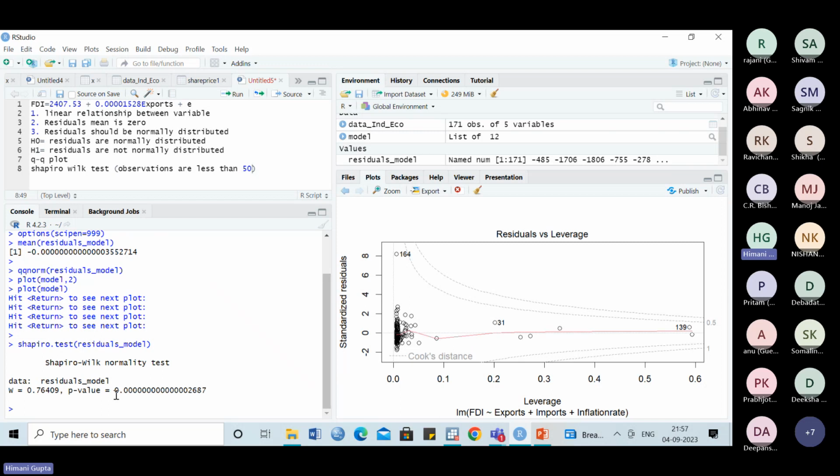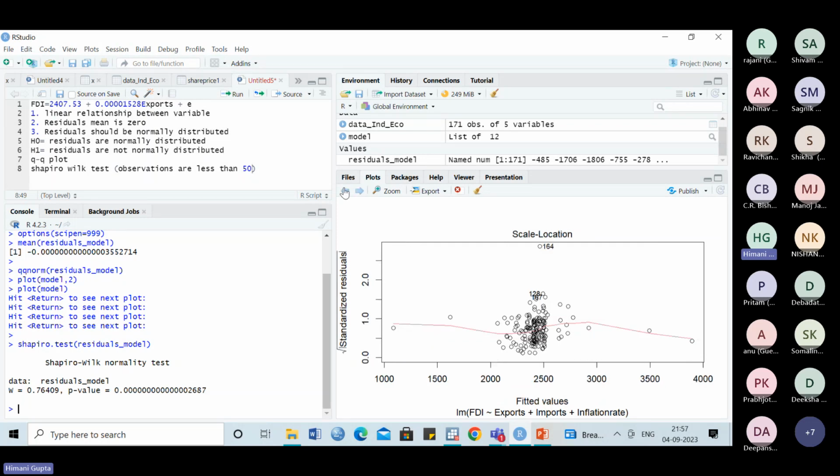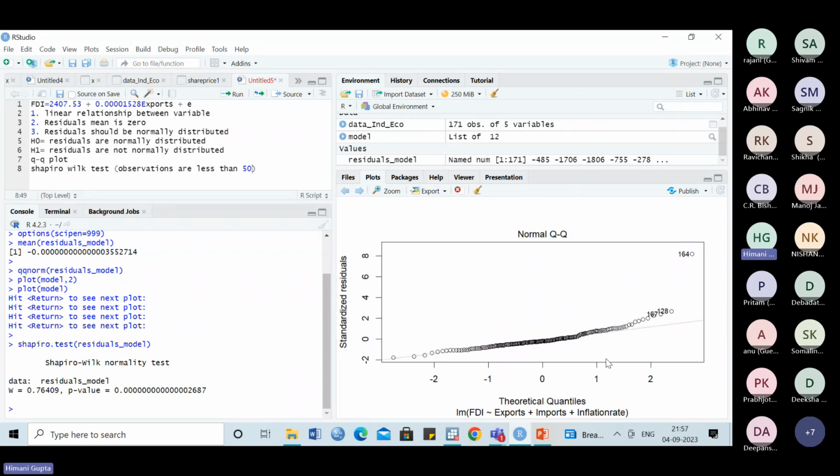Now you can observe that your p-value is less than 0.05. If the p-value is less than 0.05, I will go with the alternative hypothesis, which says residuals are not normally distributed. And this diagram is also explaining the same thing, that my residuals are not normally distributed.